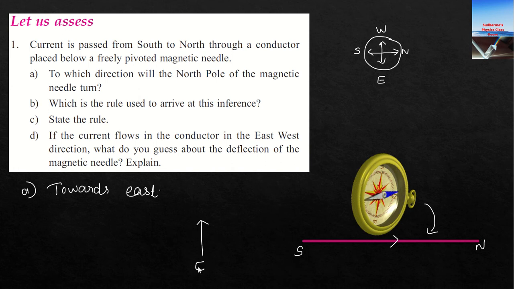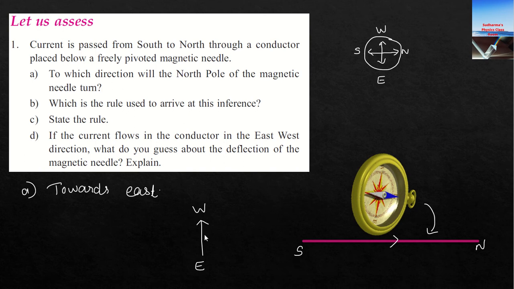So this is our east to west direction. Initially the compass needle is pointing in the north direction. When the current was from south to north, the deflection was towards the east direction. Now we have the current in the east to west direction.